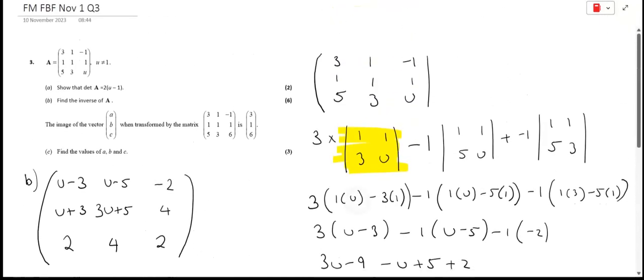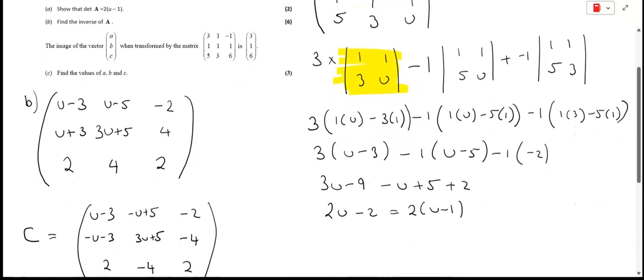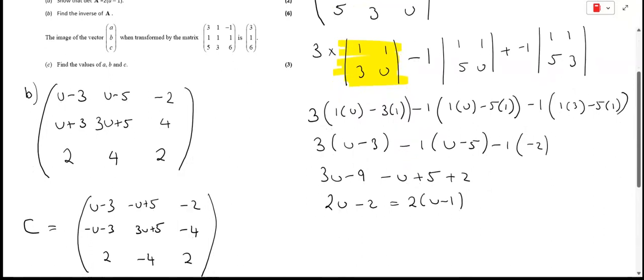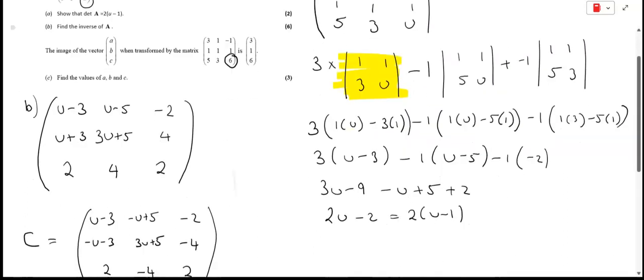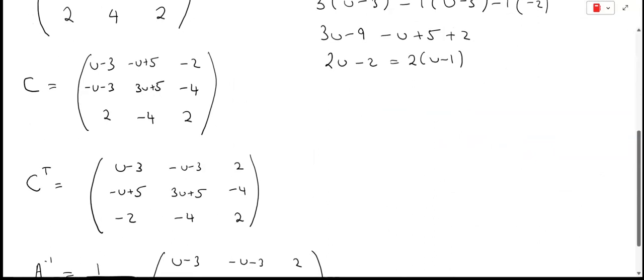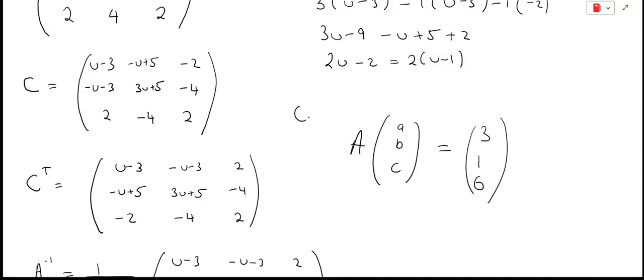Right, part C. It says the image of the vector (a, b, c) when transformed by that matrix is (3, 1, 6). Notice that the matrix is the same except now u is 6. So we know that when we times our matrix A by the vector (a, b, c), I am going to get the vector (3, 1, 6).